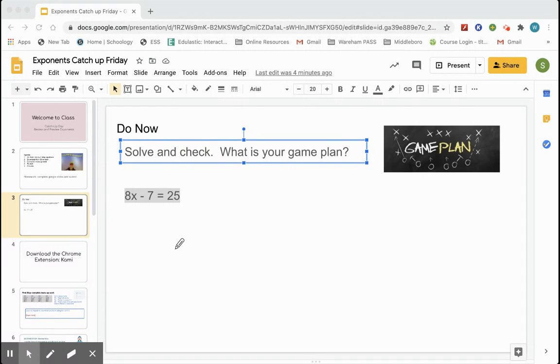So 25 plus 7 is 32. Now, I have opposites. So -7 and 7 cancel out. And the only thing I'm left with is an 8x. So I'm going to write that down.